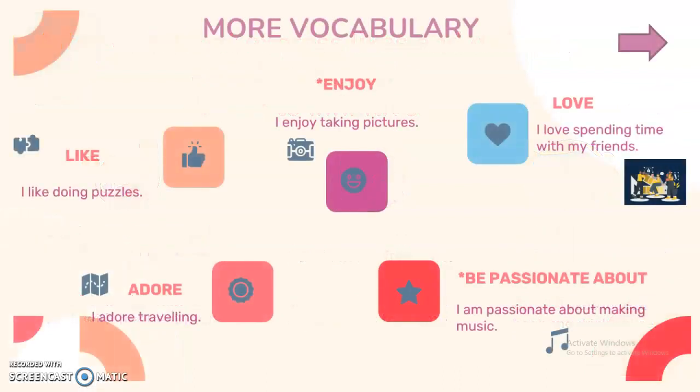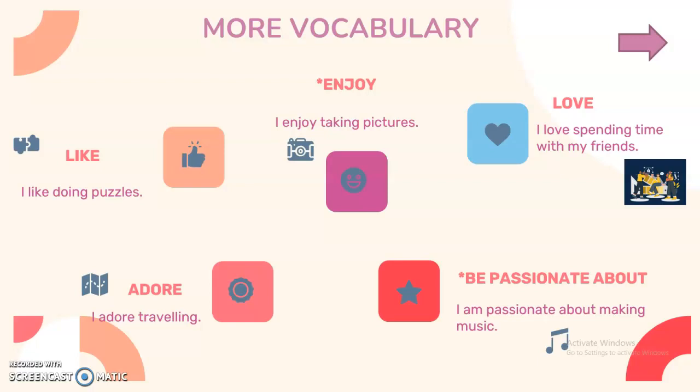In general, when we talk about likes and dislikes, we tend to overuse the verb like. Por lo general, cuando hablamos de las cosas que nos gustan o no nos gustan, tendemos a utilizar por demás el verbo like, que significa gustar. But there are many other words and expressions that we can use to express exactly the same. Pero hay muchas otras expresiones o verbos que podemos utilizar para decir lo mismo.